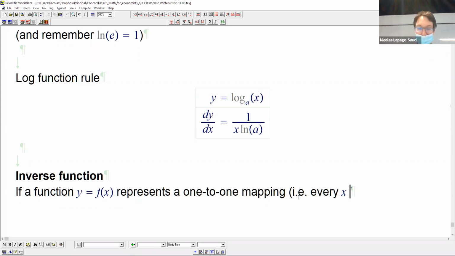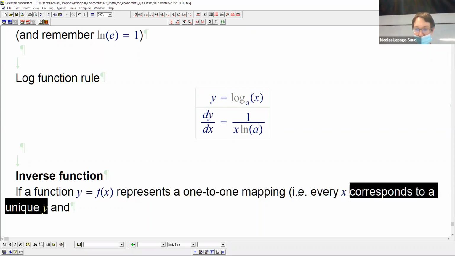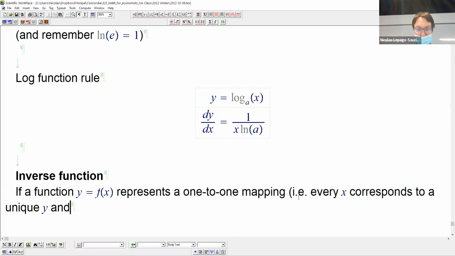x corresponds to a unique y, and y corresponds to a unique x.